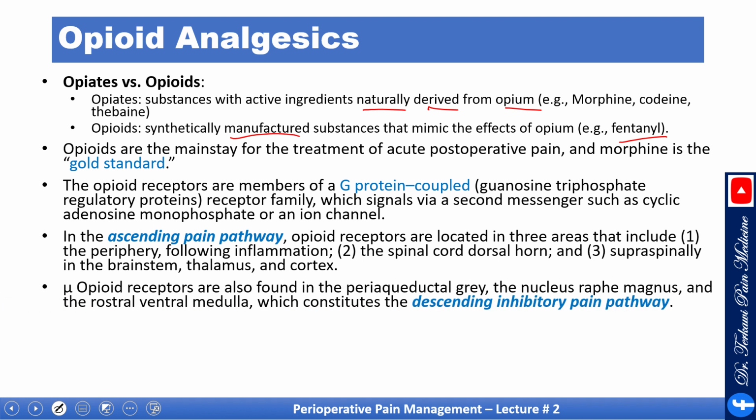Mu opioid receptors are also found in the periaqueductal gray, the nucleus raphe magnus, and the rostral ventral medulla, which constitute the descending inhibitory pain pathway. So basically, opioid receptors are everywhere in the pain pathway, both the ascending and descending inhibitory systems.